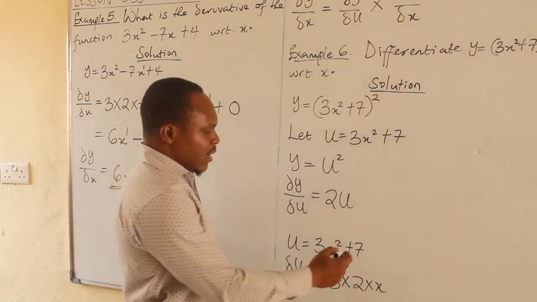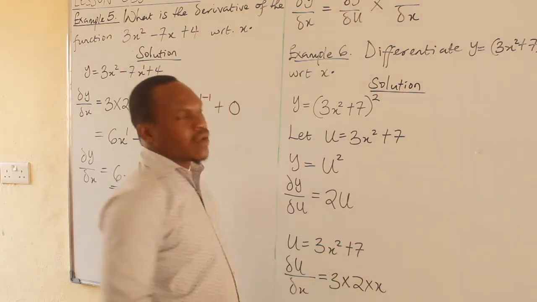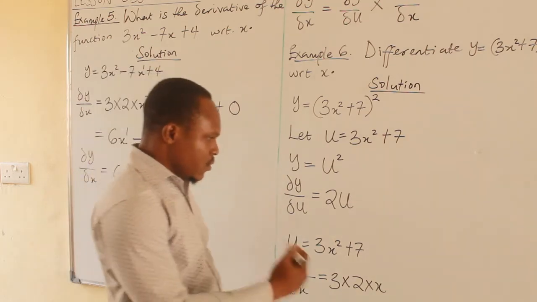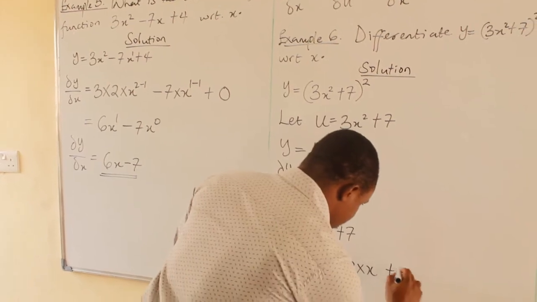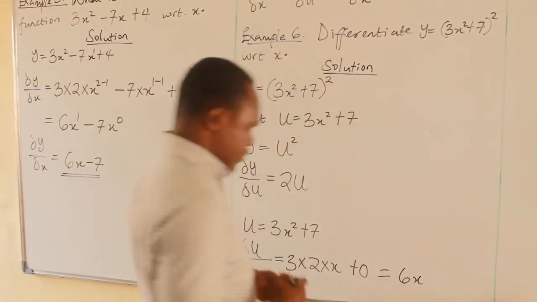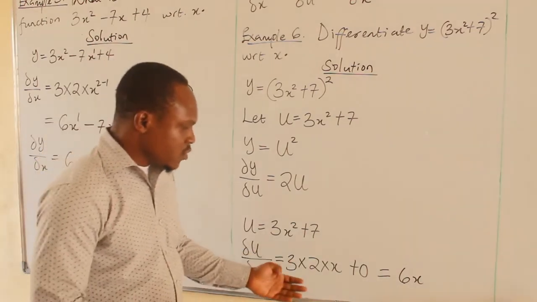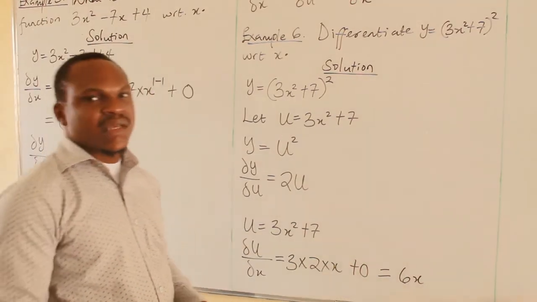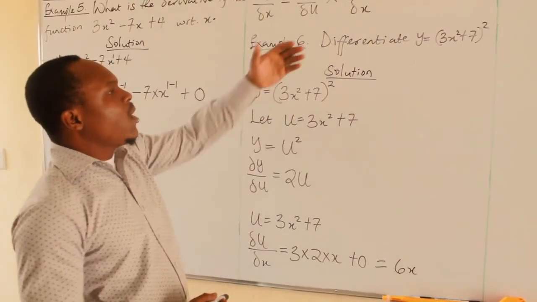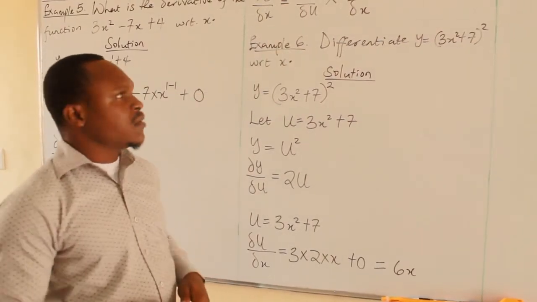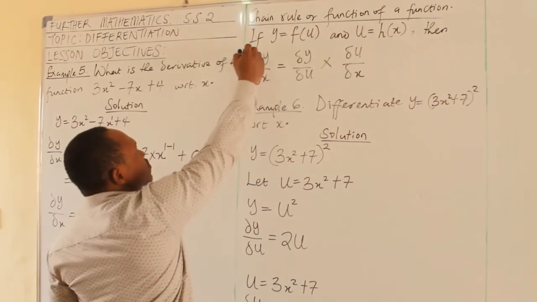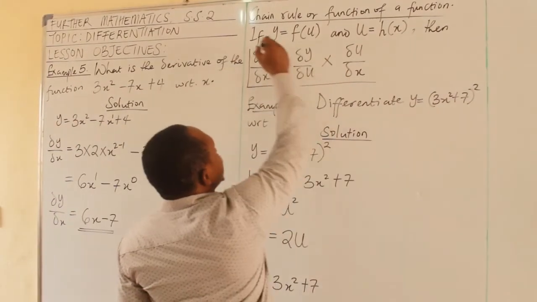Now, 7 is a constant term, and the derivative of a constant term is 0. So I can just add plus 0, and this will give us 6x. 3 times 2 times x gives us 6x. And since we are looking for the derivative of y with respect to x, we're now going to come back to this formula, which is the chain rule we're referring to.